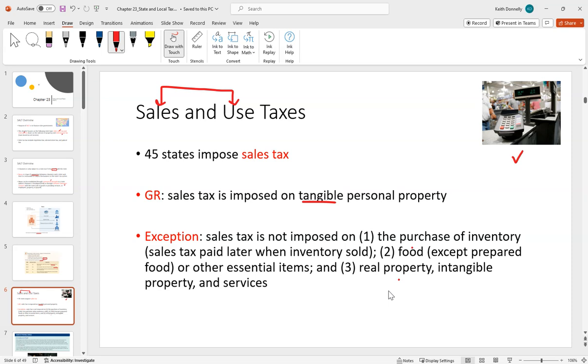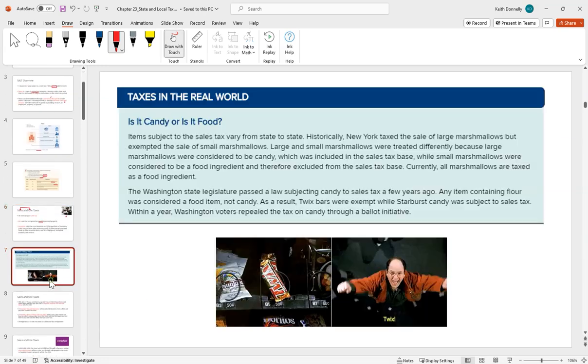But generally everything else, they're going to charge sales tax on, right? One big sales tax item that adds up is when you buy a car, right? The dealership, or if you go to the notary, they handle that sales tax aspect of it. But be aware, general rule is tangible personal property, you're going to get hit with sales tax.